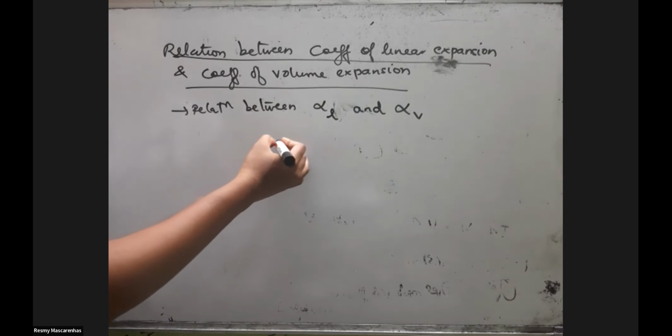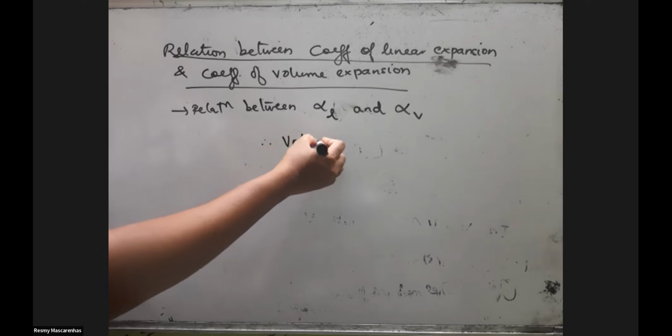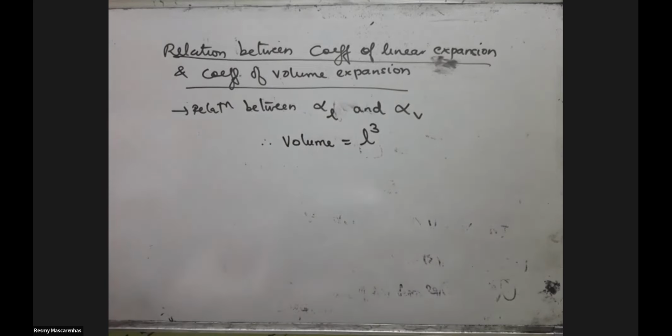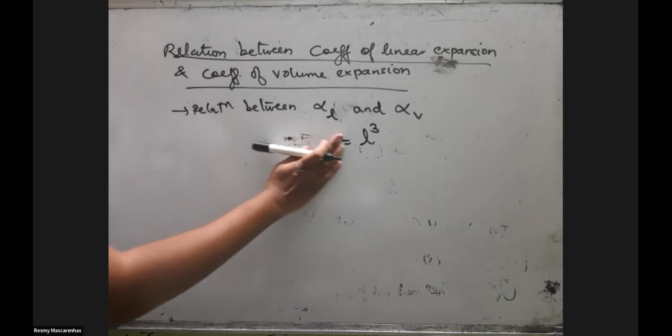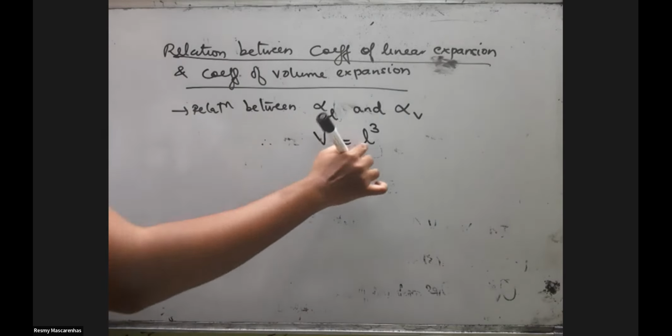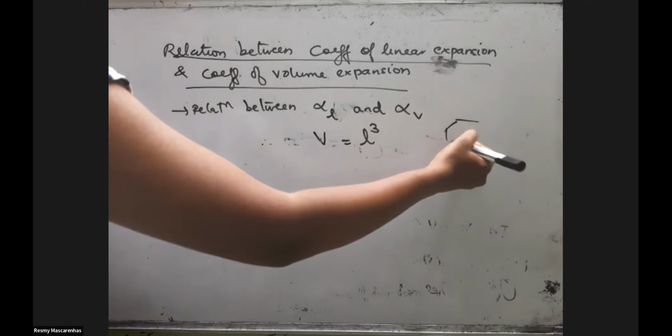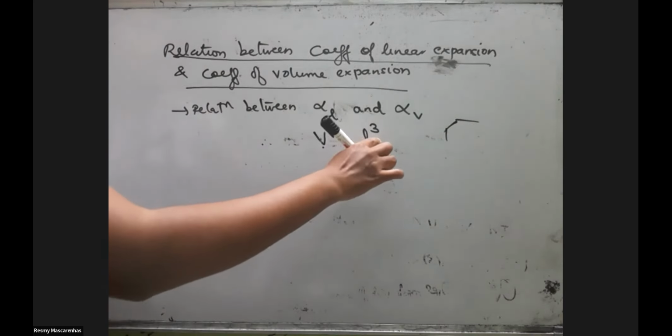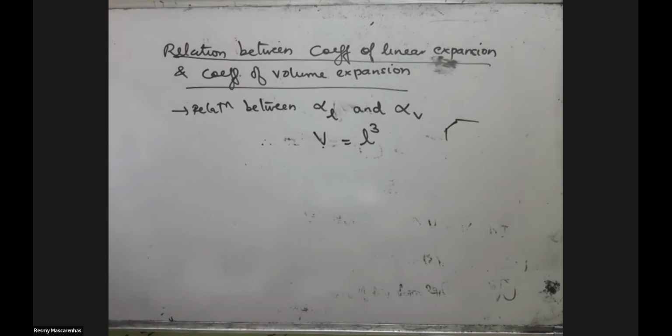We know that volume V is L cube. If you know the length of a cube, volume is nothing but length into length into length, so that is L cube.